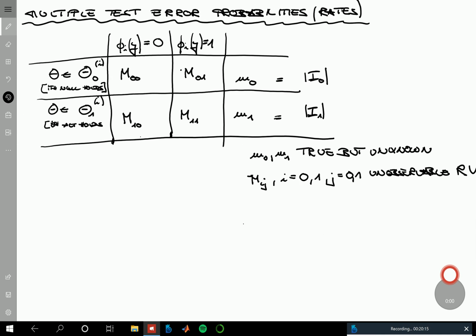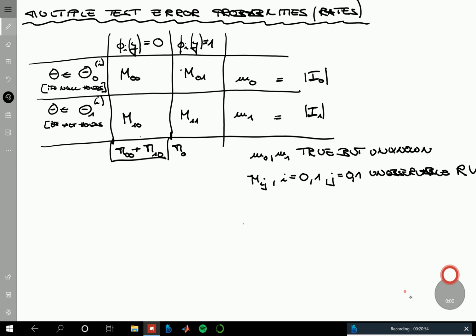And the reason that these four numbers M00, M01, M10, and M11 are unobservable random variables is, of course, that we don't know where the null hypothesis holds, so that's just the true but unknown state, and hence what we actually observe is only the total number of accepted null hypotheses, which is this, and the total number of rejected null hypotheses.